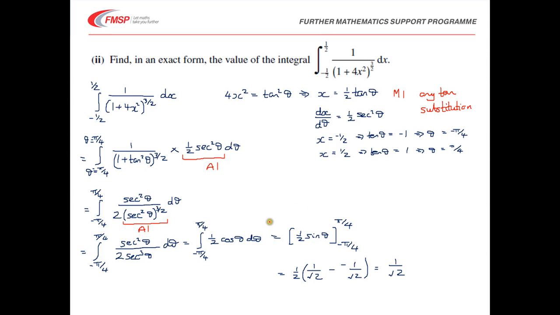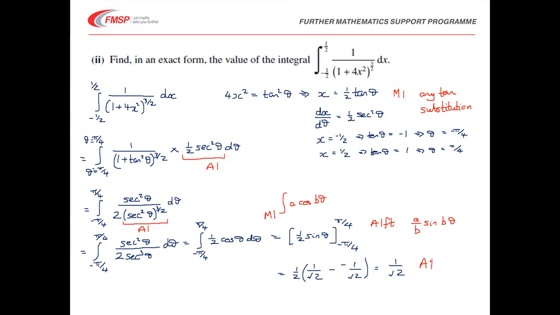There's then a method mark for doing an integration from a point of having something cos something theta, and an accuracy mark with follow through for if you had something of that form, getting a consistent answer. And then there's a final accuracy mark for actually getting the right answer.